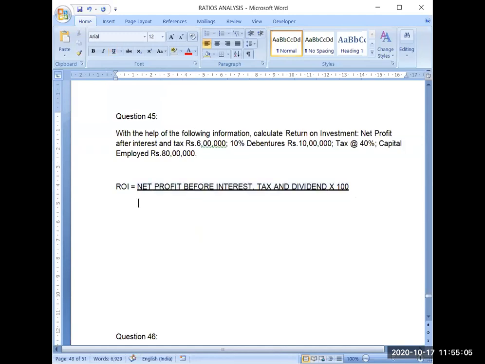Now capital employed itself is given in the question. The rest I have to check. So first I will calculate net profit before interest and tax. That I will calculate first.